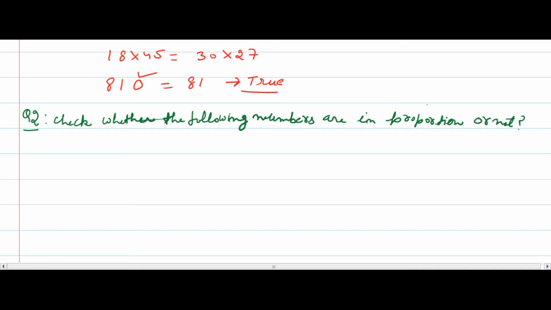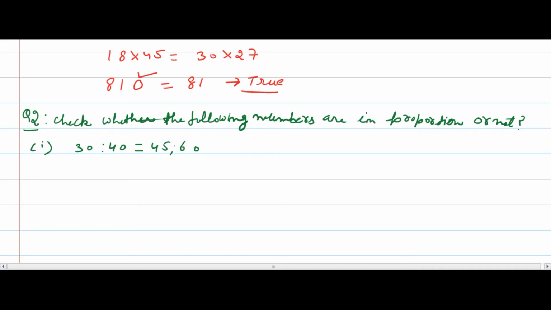Now the rule is the same. Part first is 30 ratio 40 equal to 45 ratio 60.